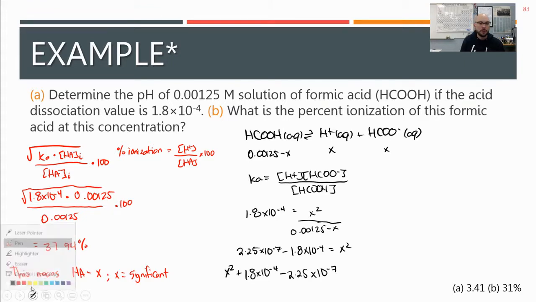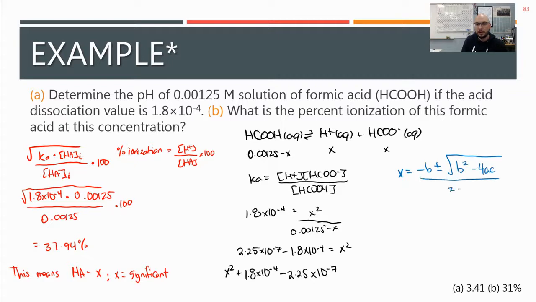We're going to use the quadratic equation to solve this. So we get X is equal to negative B plus or minus the square root of B squared minus 4AC all over 2A.